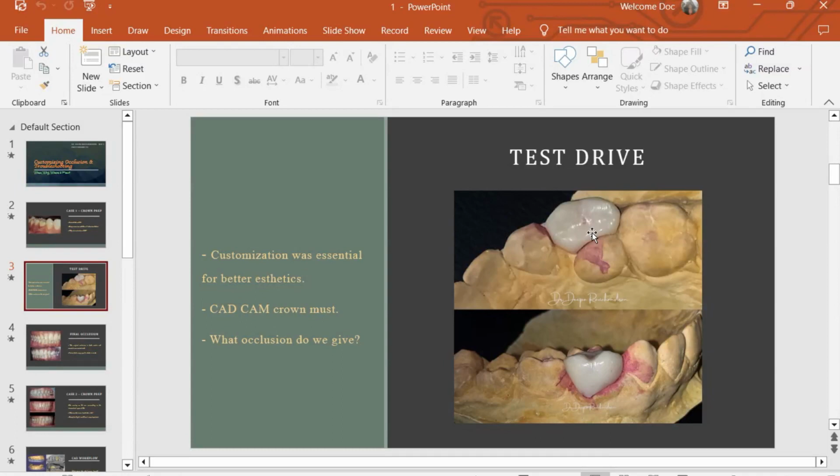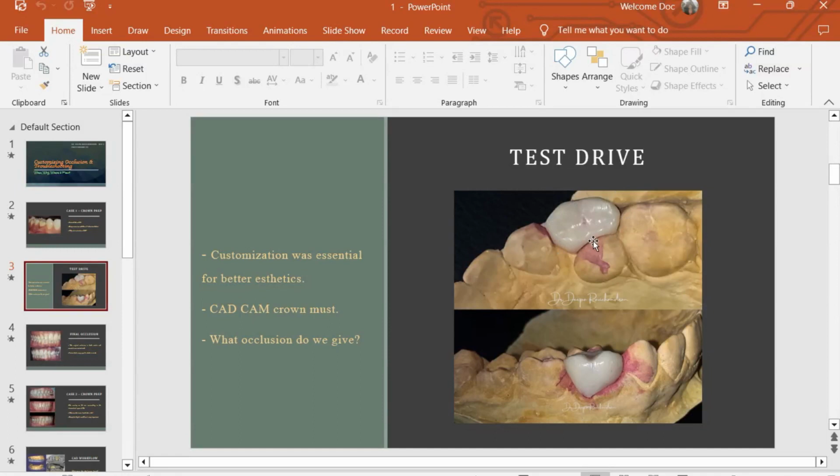So, in such cases, when we are trying to customize shape in aesthetics, we have to go in for a full-contour crown, because you can see very clearly over here that the margins are very, very fine, and there is a fine line between having a crown with a good seal between the 2.4 and the 2.5 and having an open margin. So what you see over here, the slight open margin that you see here, that is because this was a temp.